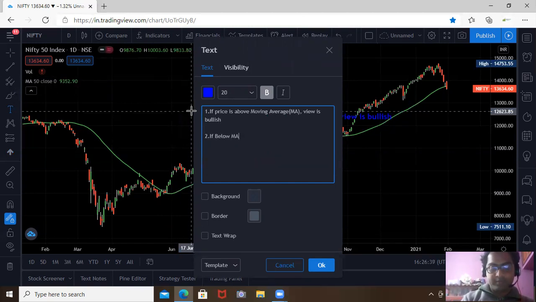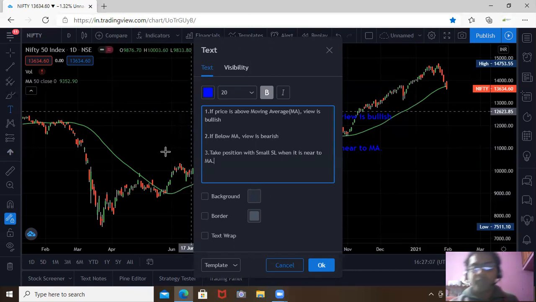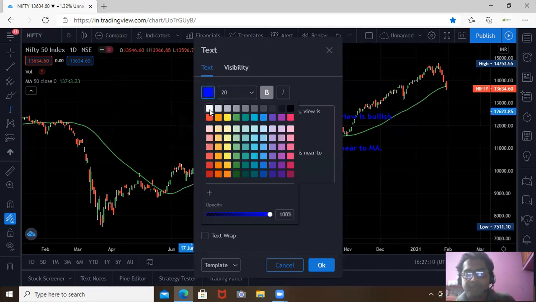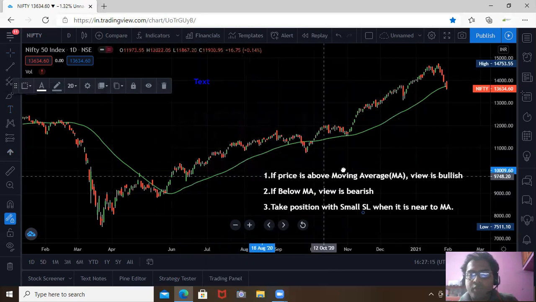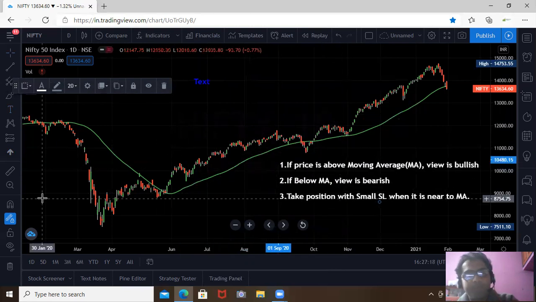If below MA, the view is bearish, and take position with a small SL when it is near to MA. So these are the strategies you can play. This is the way you can play the market using a simple moving average.